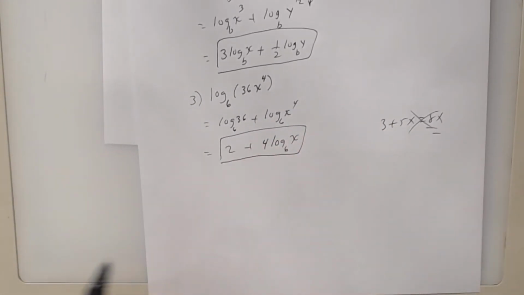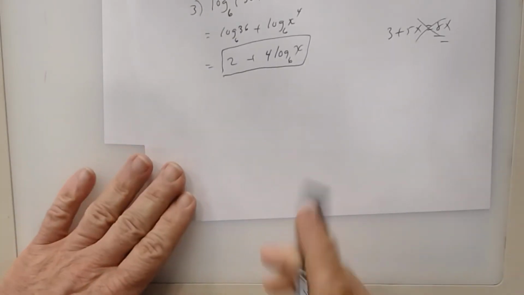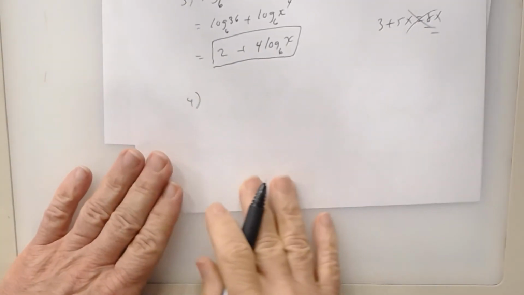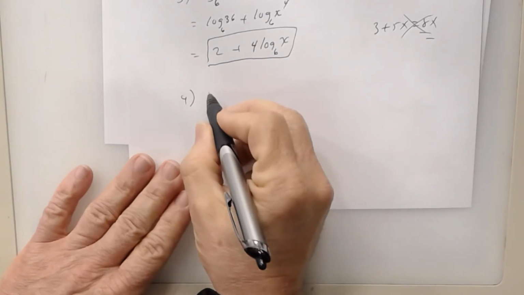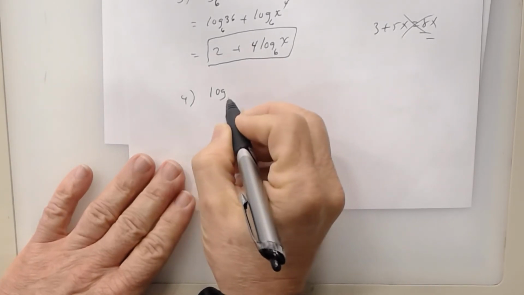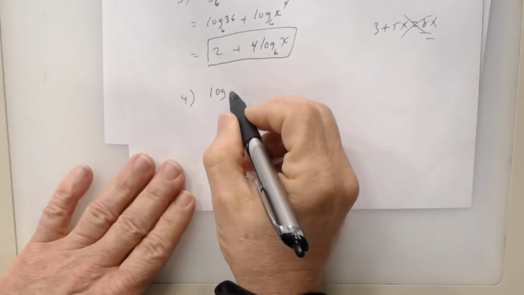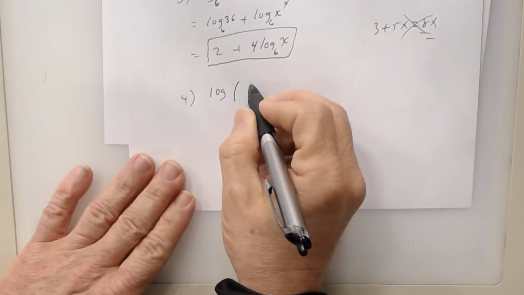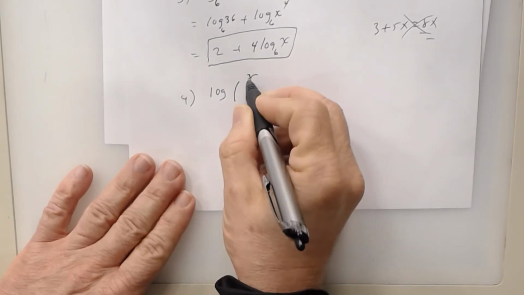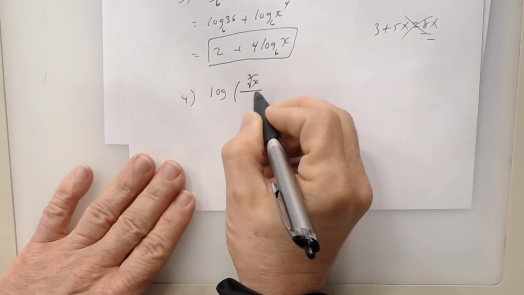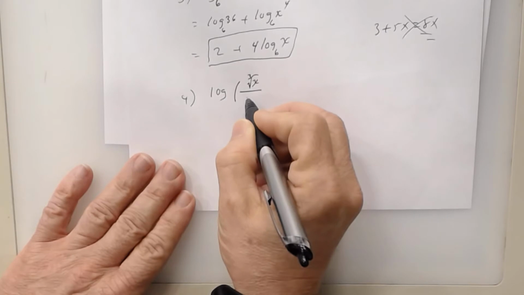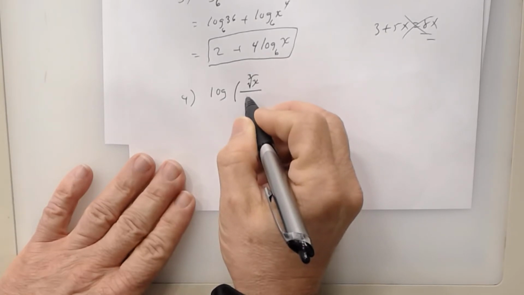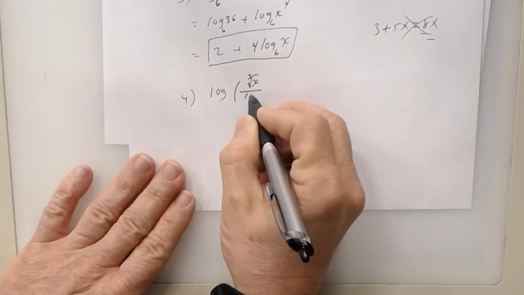All right, what about this one? Suppose you had the log of the cube root of x divided by 100.